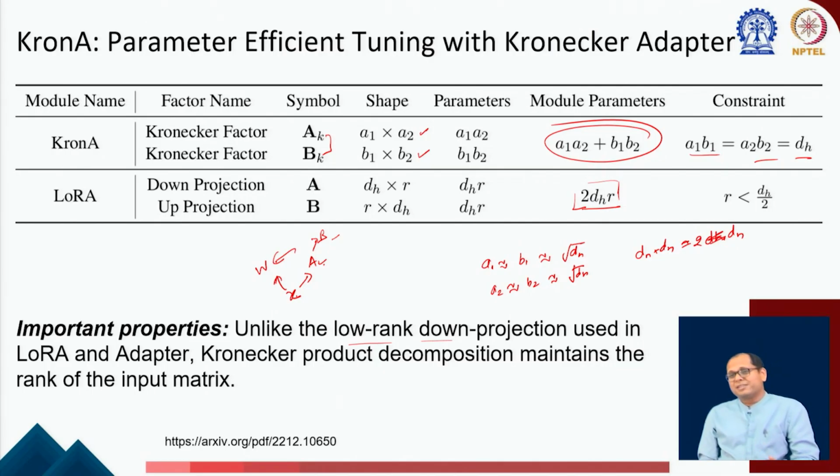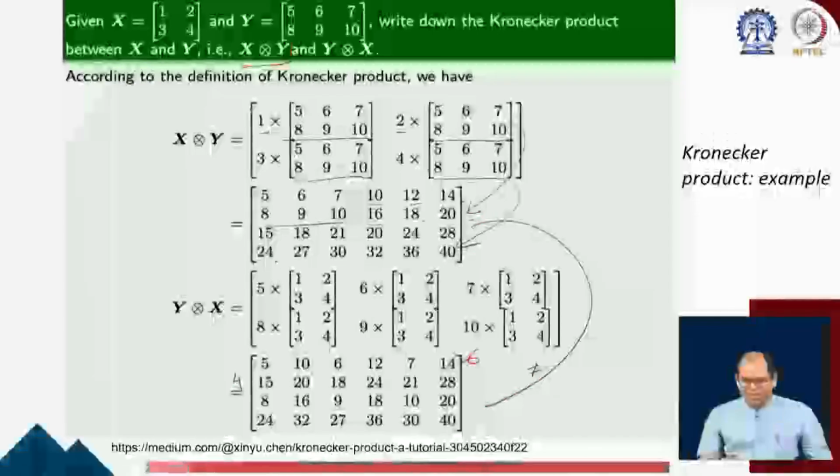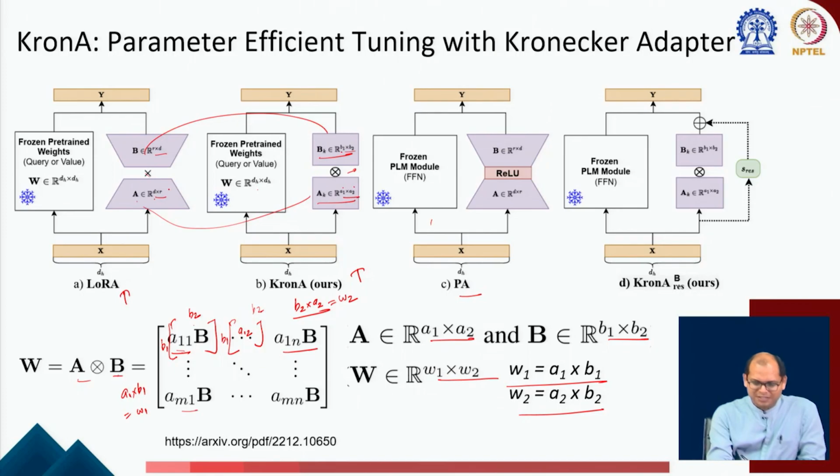So, do we have a saving there too? In LoRA, multiplying X with a small matrix and then another small matrix is an easy, simple multiplication, compared to multiplying with this whole square matrix. But how would I do it with KronA? Will I have to first compute this square matrix and then do the multiplication?